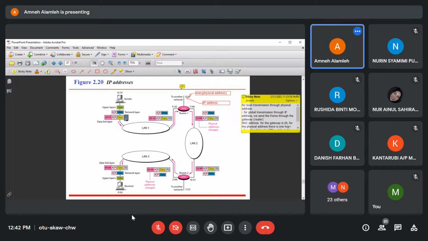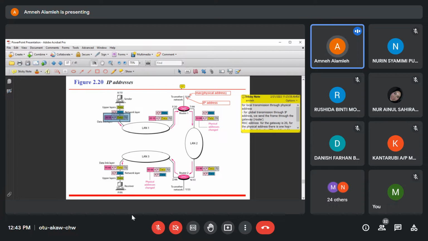Okay, so we now have in this frame the physical address of the next receiver. The next receiver is router 1. Through the physical address, the gateway of device A10 is router 1.